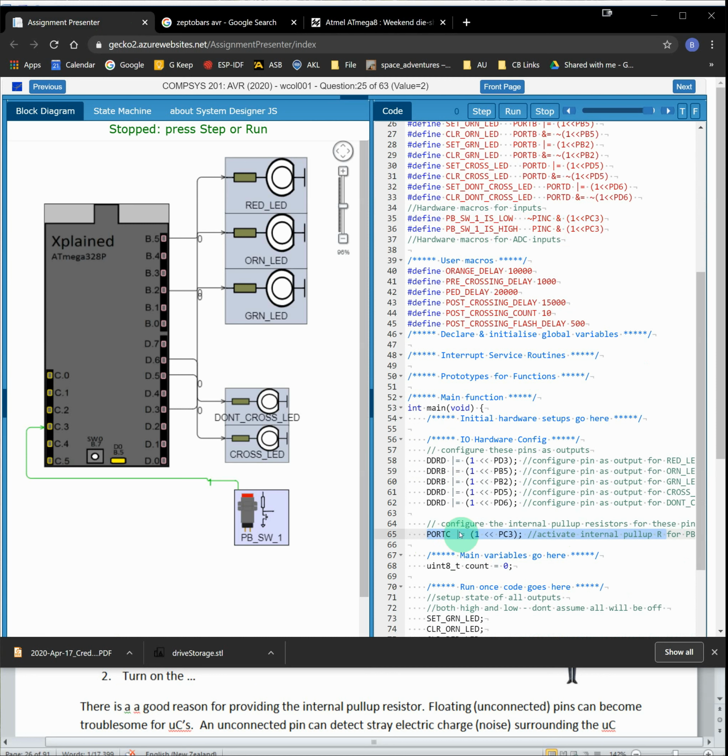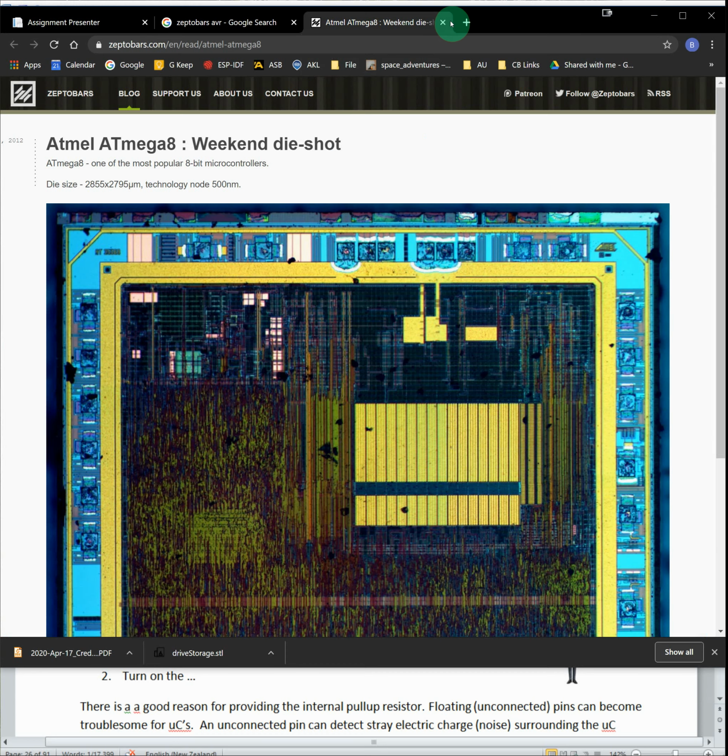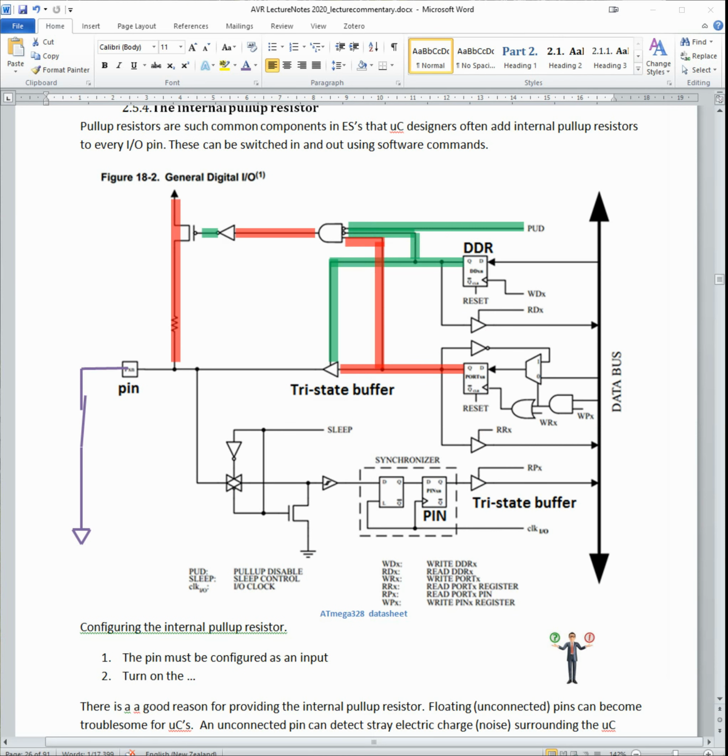So we look like we're driving the output. Well, actually, that's the register we're driving, but we're not actually driving the output as such. We're just driving this register to make sure it's a 1, so the 1 comes through and activates this AND gate. The other activation for this AND gate is PUD, which is the pull-up disable.